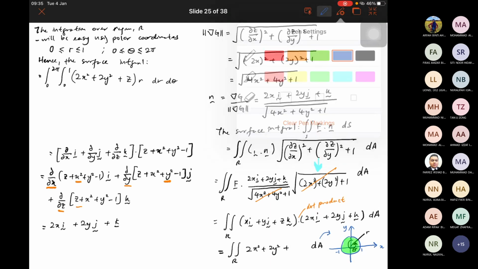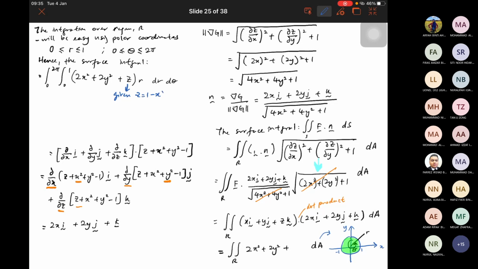So, given z equal to 1 minus x squared minus y squared, masukkan dekat dalam that equation, it will be integration 0 to 2 pi, 0 to 1, 2x squared tambah 2y squared tambah 1 tolak x squared tolak y squared, R dr d theta.